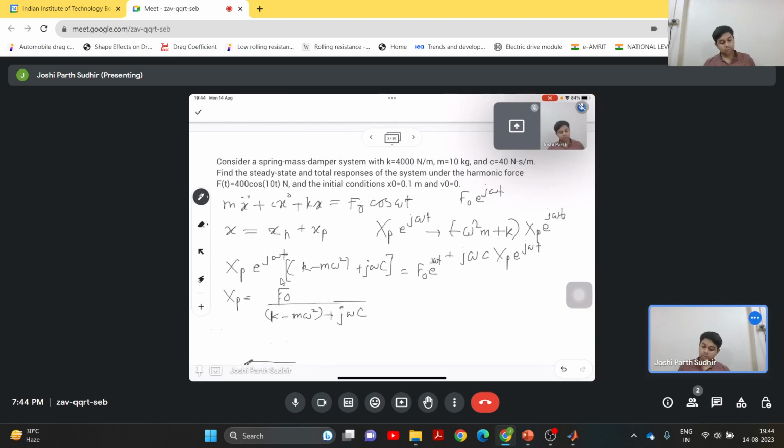So this expression contains the steady state amplitude information as well as phase information.